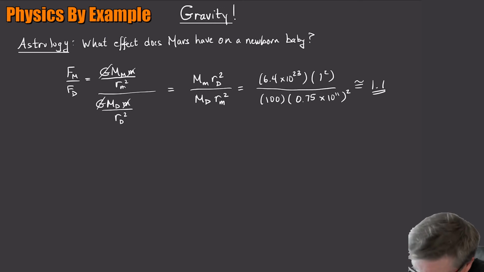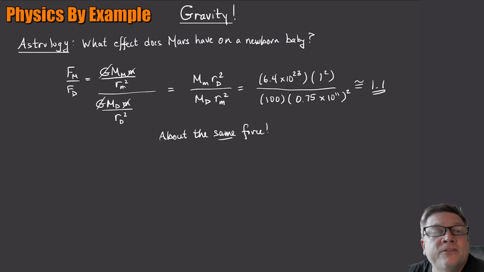That's really interesting. So the doctor, being 1 meter away from the baby, has about the same gravitational influence on the baby as Mars does. Now, what if the doctor scoots up 0.5 meter from the baby, which certainly probably will happen?